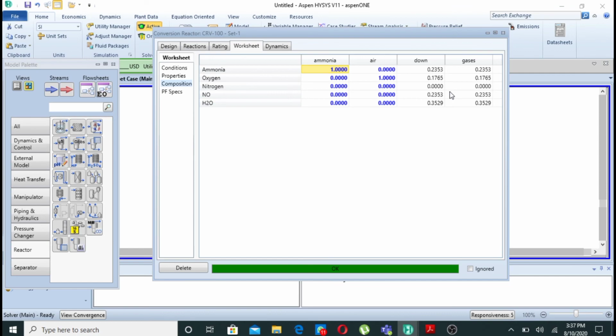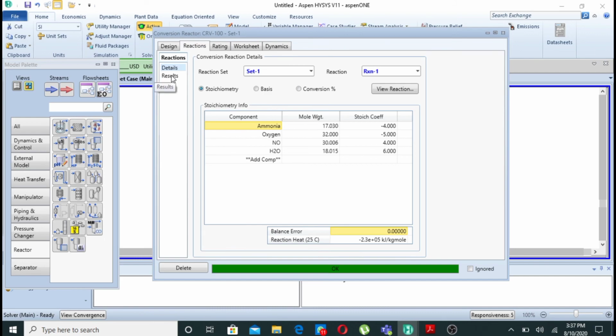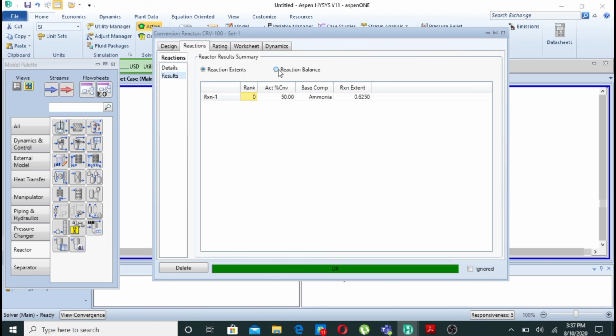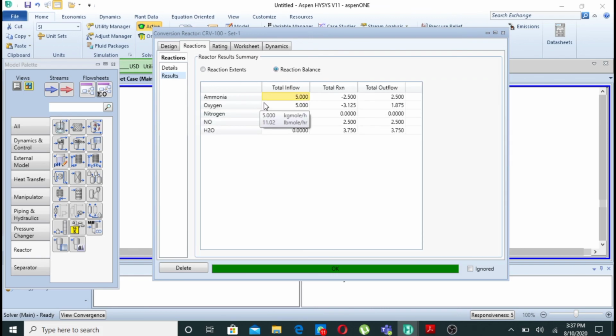And if you want to see how many moles of oxygen were entering, that was 5, and how many are consumed, you can just click this reaction results, in which you will click balance reaction. In this you can see that 5 moles of ammonia entered, 2.5 reacted, and 2.5 went outside without reacting.